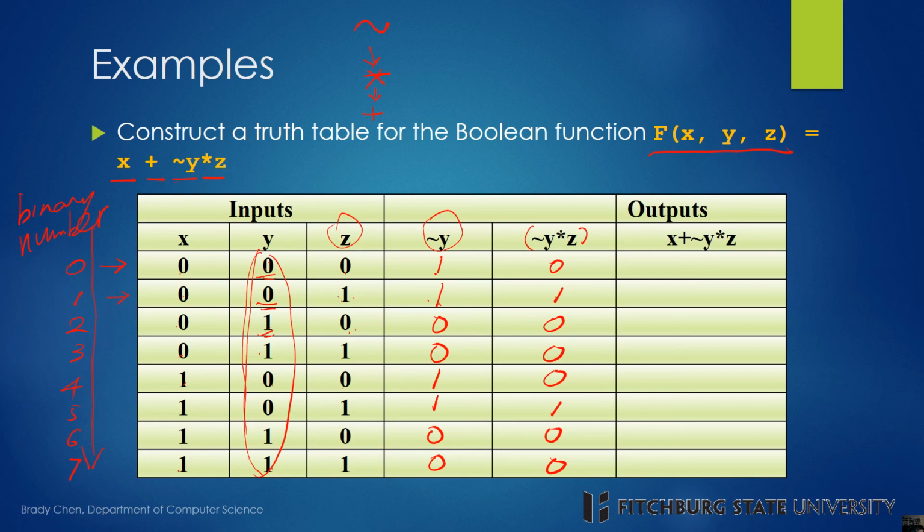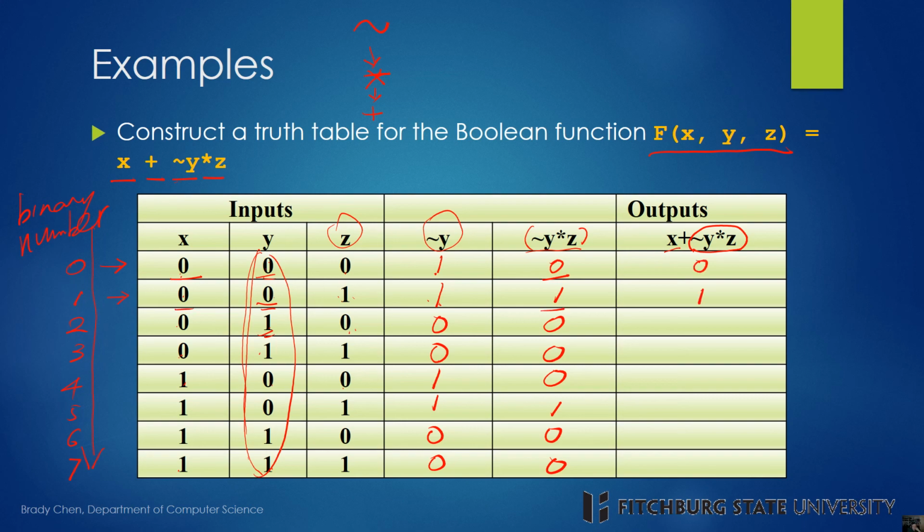So here we have x, and we also have this, which is here. So x: 0 or 0, that's 0. 0 or 1, that's 1.